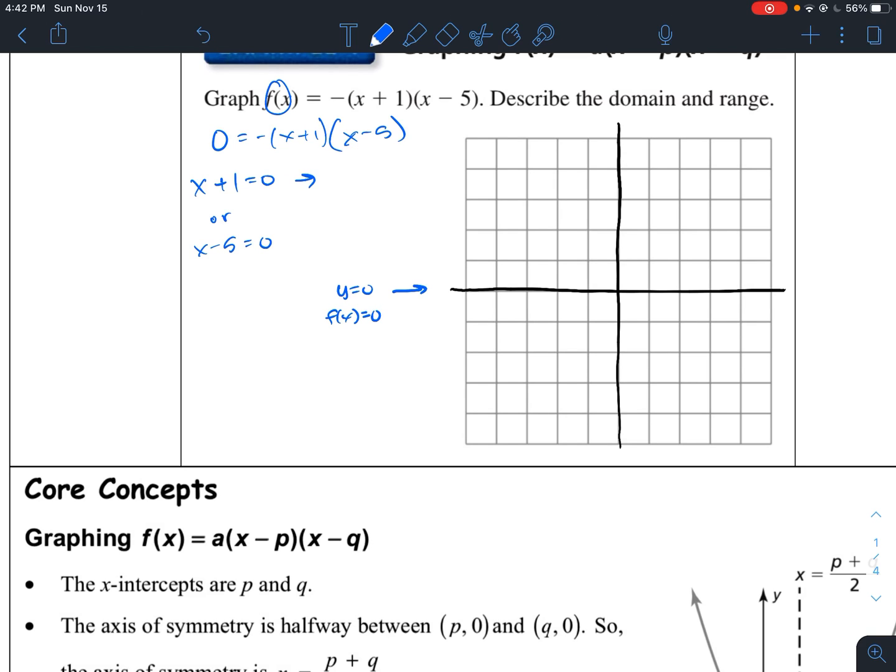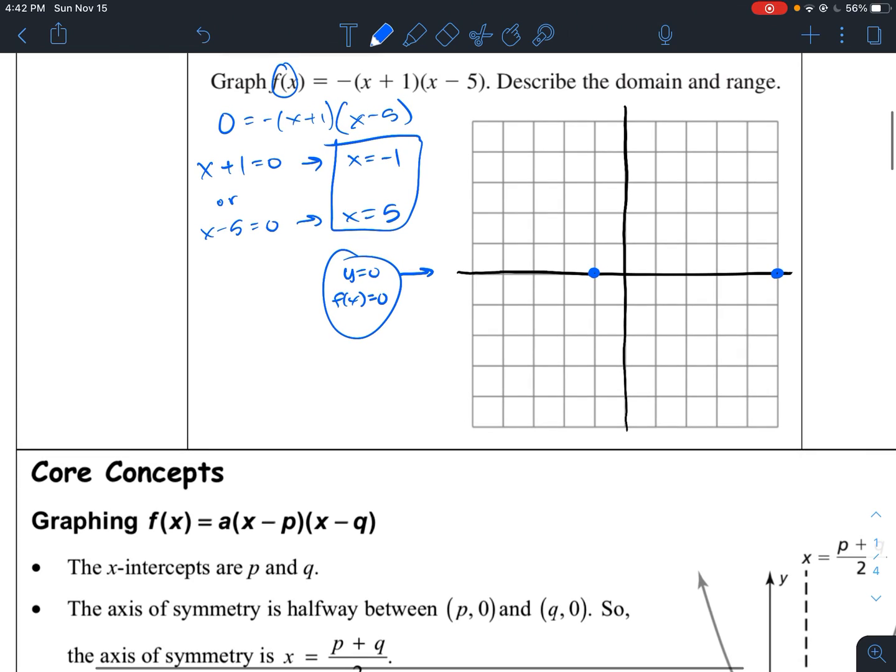Here, if we solve for x, x would equal negative 1. Here, x would equal positive 5. So we know that whenever f of x is 0 or y is 0, at this line right here, x is equal to negative 1 and positive 5. So those are the x-intercepts.